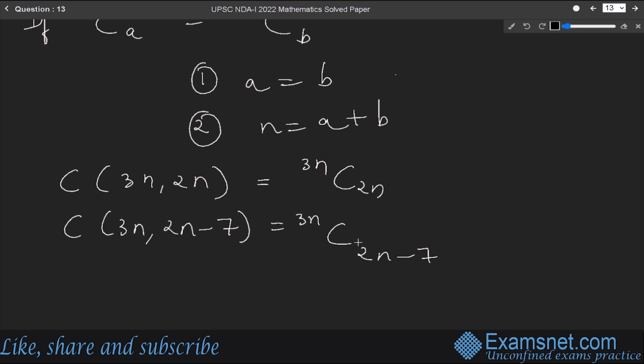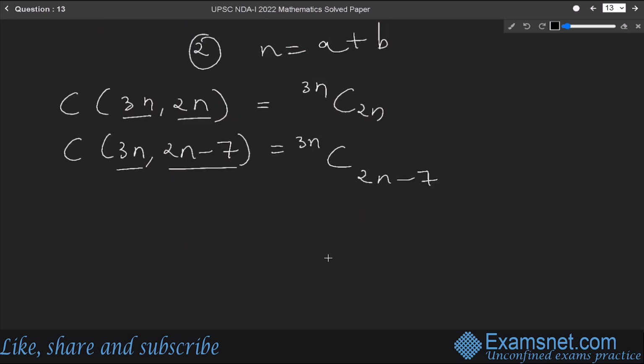Here the value of a is 2n, and here the value of b is 2n - 7. So 2n is not equal to 2n - 7. Therefore a is not equal to b, meaning this condition is wrong. So the other condition is true for this question, which is n is equal to a + b.